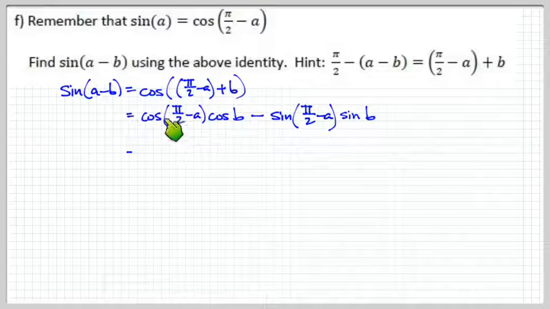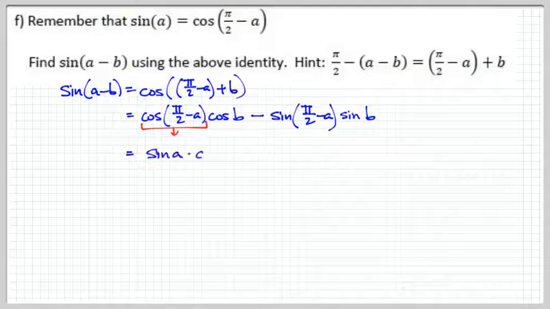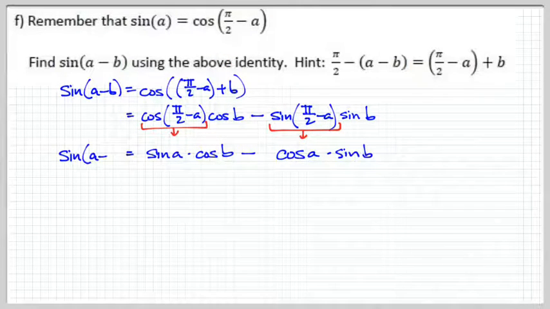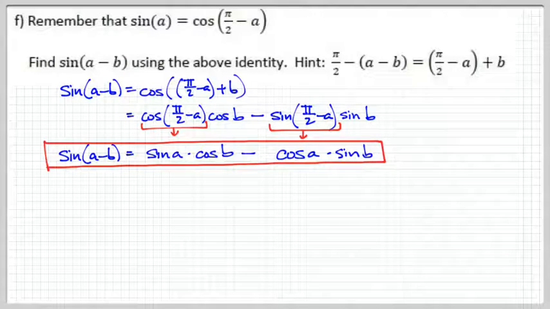Now, cosine of pi over 2 minus A, using this identity up here, is sine A. And sine of pi over 2 minus A, using the other version of this, is equal to cosine of A. So this is now our other identity.